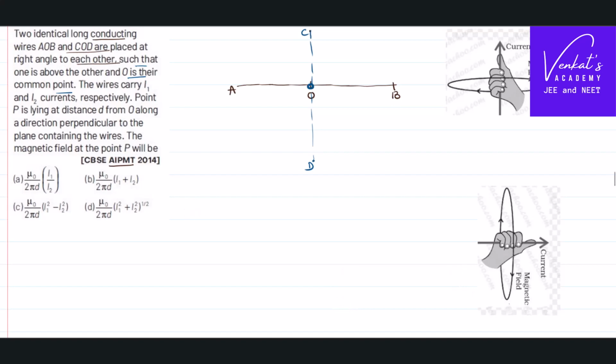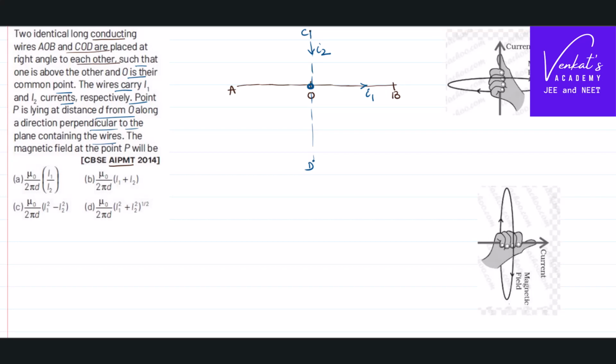The wires carry currents I1 and I2. So, let us assume AOB is carrying a current I1 and COD is carrying a current I2. A point P is lying at a distance D along a direction perpendicular to the plane containing the wires.